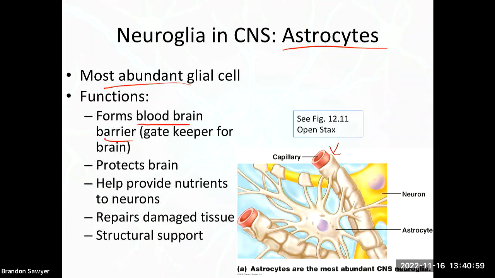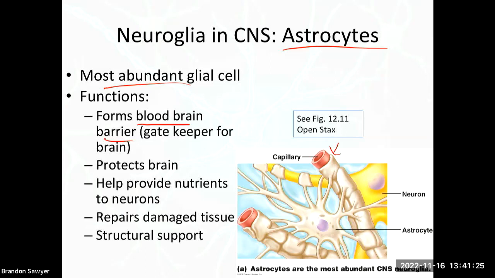The blood-brain barrier is a unique feature of the brain where we don't allow our blood to be in direct contact with our brain cells. There's this extra layer of protection where the brain gets to decide what's allowed to come in and what's not allowed to come in. That's the blood-brain barrier, and the astrocytes are the primary thing that helps us create it.